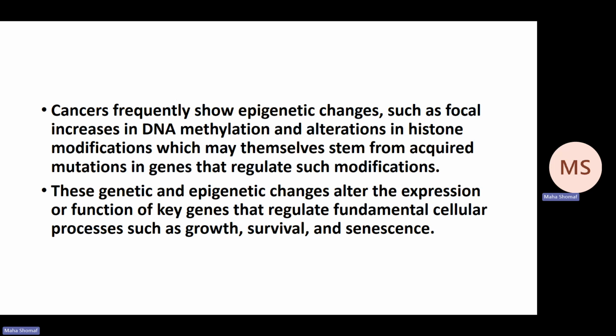These genetic and epigenetic changes alter the expression or function of key genes that regulate fundamental cellular processes, mainly genes that control the growth, the survival, and the death of cells.